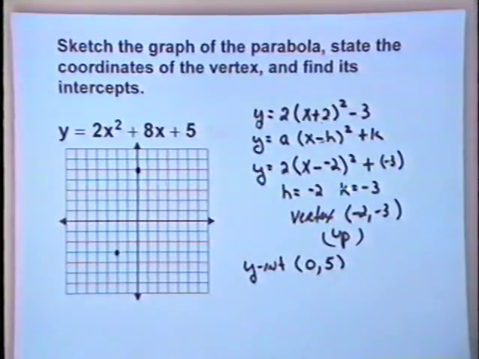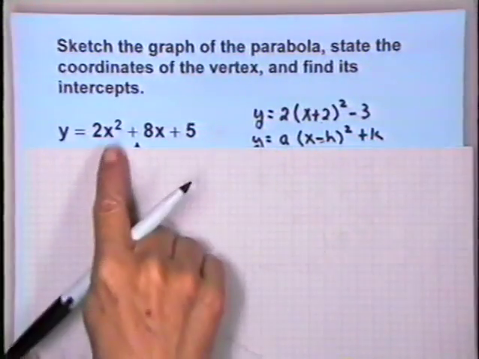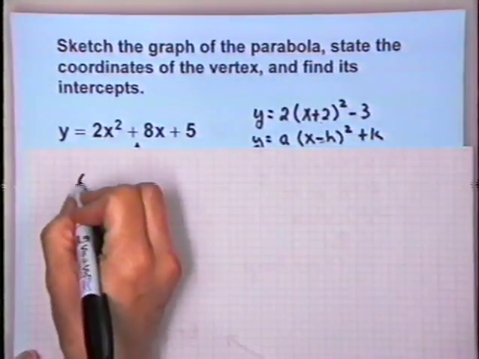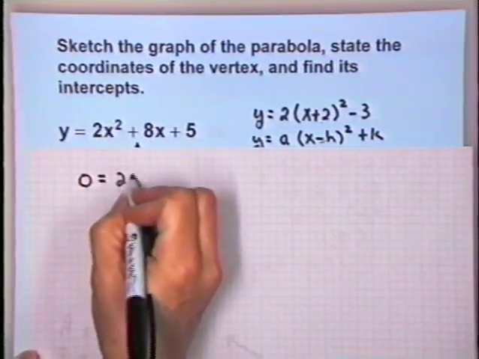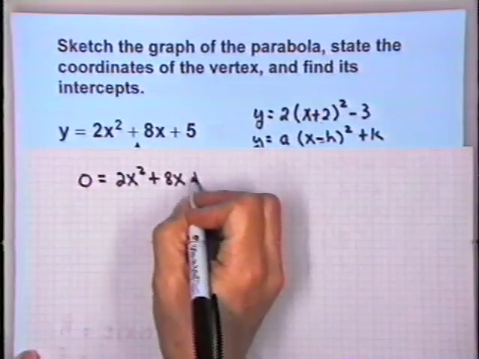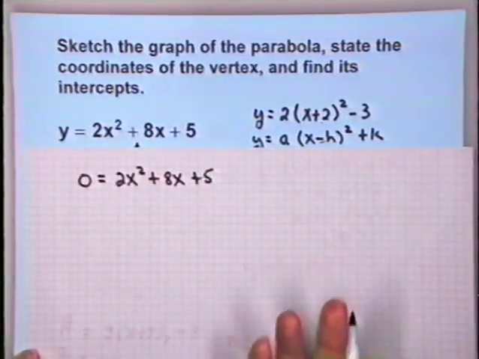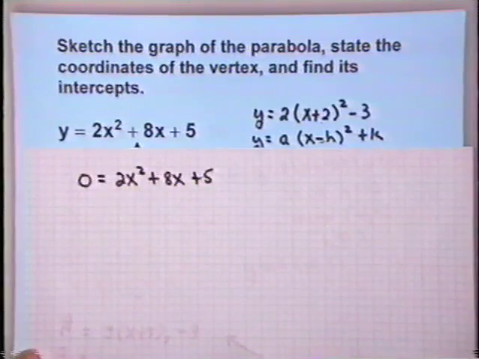Now we need to find the x-intercepts, and we find x-intercepts by letting y be 0. Now again, you sort of have a choice on how you want to proceed. One would be to go to the original equation, let y be 0. 0 equals 2x squared plus 8x plus 5. And then if you can factor this equation, then you would do that.